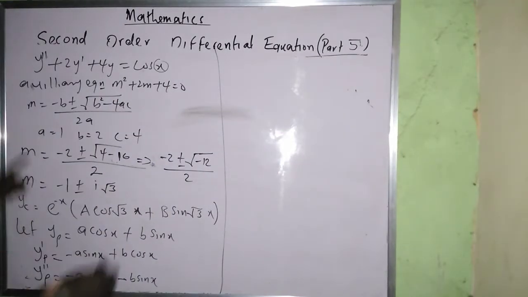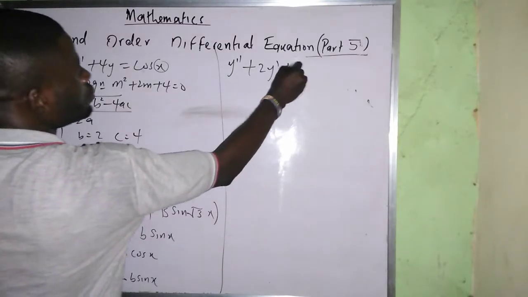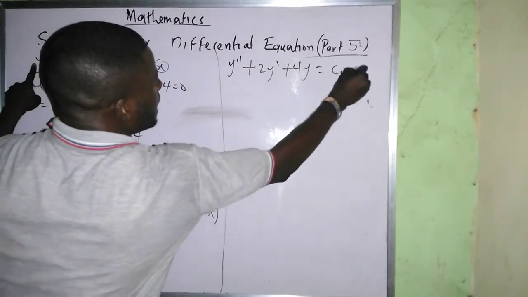Now, I will come back to the equation. Look at this: y prime prime plus 2y prime plus 4y equals cos x.